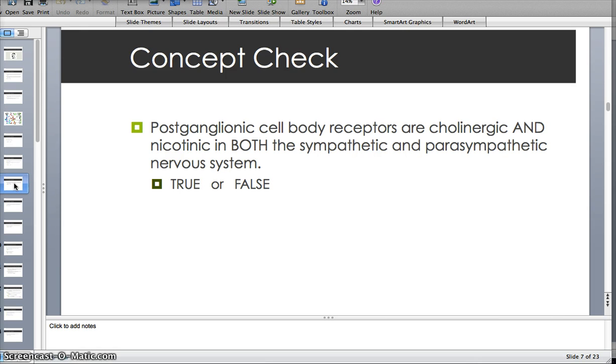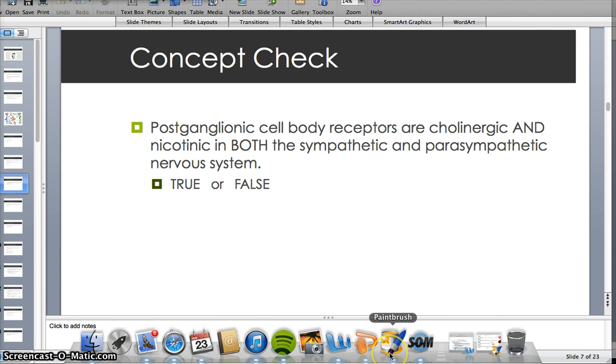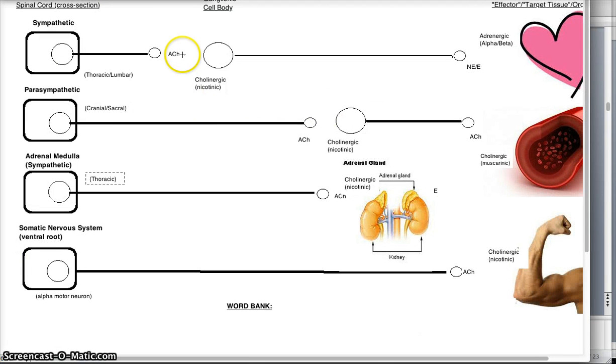Next question. Postganglionic cell bodies receptors are cholinergic and nicotinic in both the sympathetic and parasympathetic nervous system. Okay, I might have given that one away, but that one's also true. If you go back to the drawings that we did in the previous video, we'll see that that's exactly the case. You see that ACh binds to these cholinergic nicotinic receptors on both postganglionic cell bodies.